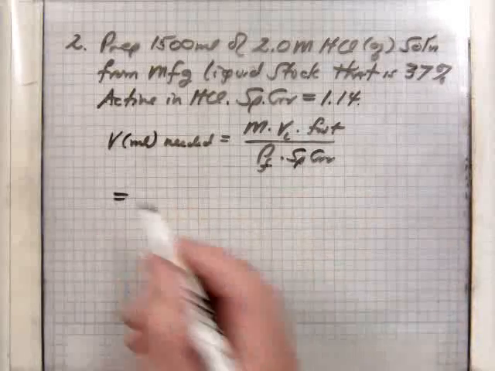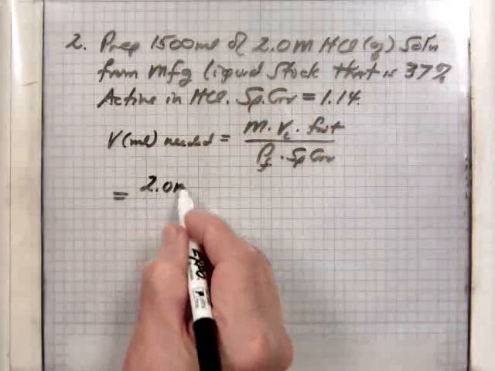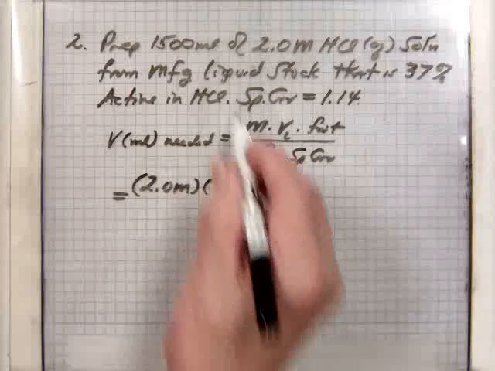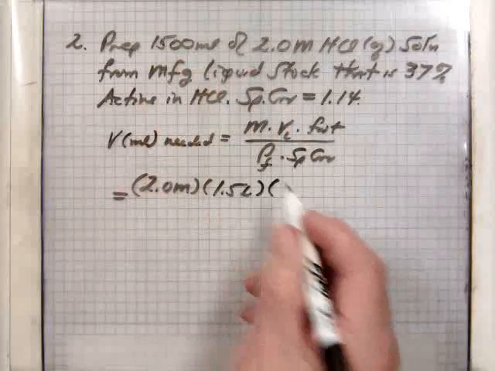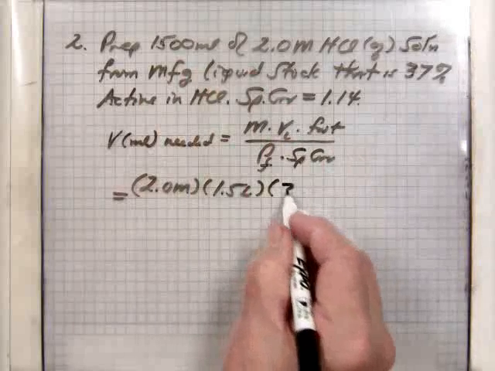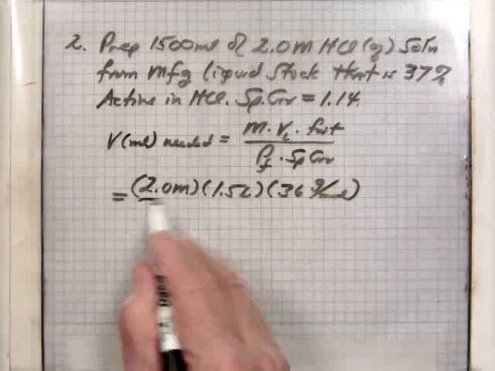So this one works out to, the molarity would be 2.0 molar. The volume is 1.5 liters. Formula weight's 36 grams per mole for HCl.